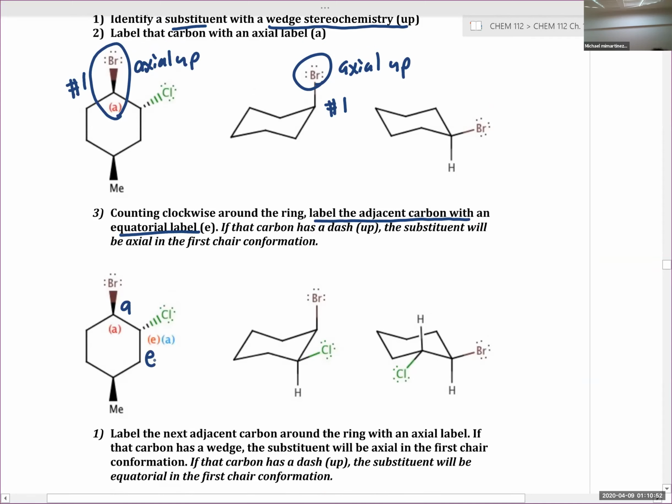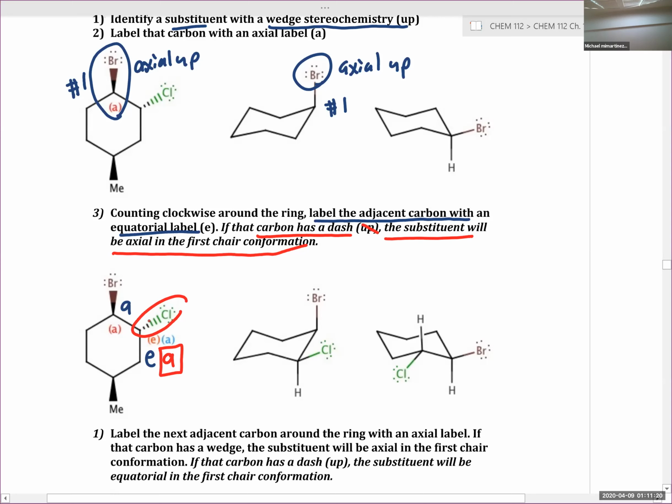However, and this is the change, if a carbon has a dash, the substituent will be axial. So anytime you see a dash, you change your label from equatorial to axial and vice versa, okay?